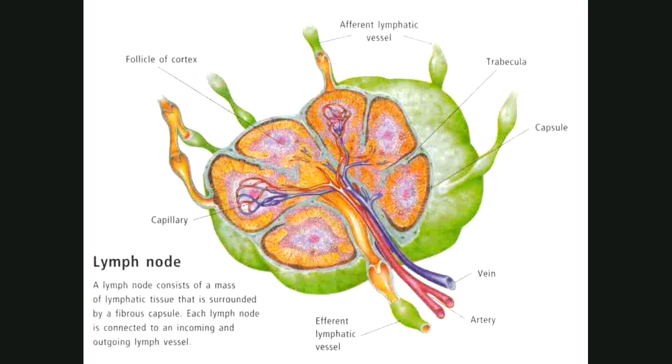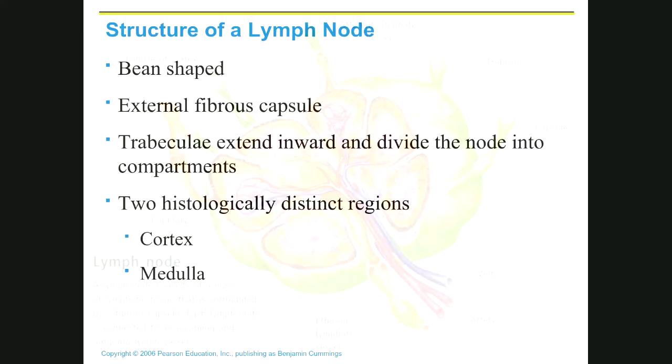So here's our capsule, and there's the trabeculae right there. So they're extensions of the wall, the capsule. But look, it forms compartments. So that's one compartment, and that's another compartment, and that's another compartment, and so on. So we get these compartments.